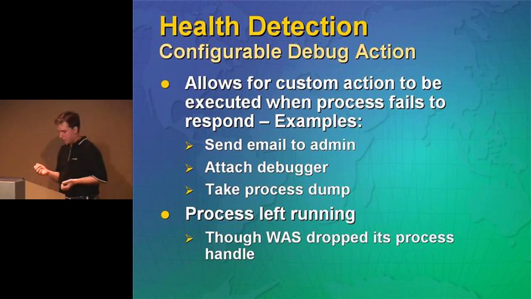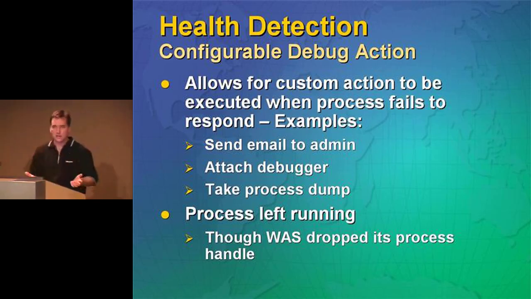So a developer or a support person can look at the internal state of the threads and try to figure out what went wrong. It's important to know that this process is left running. So even though WAS drops the process handle and starts a new one, this process will still exist in its locked state, so somebody can actually debug it.